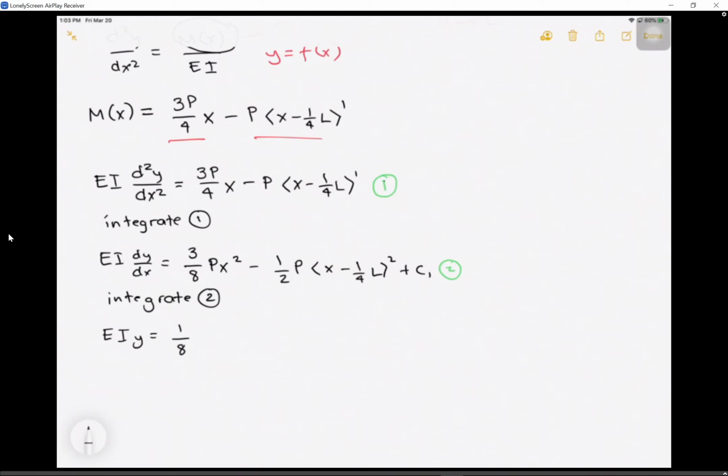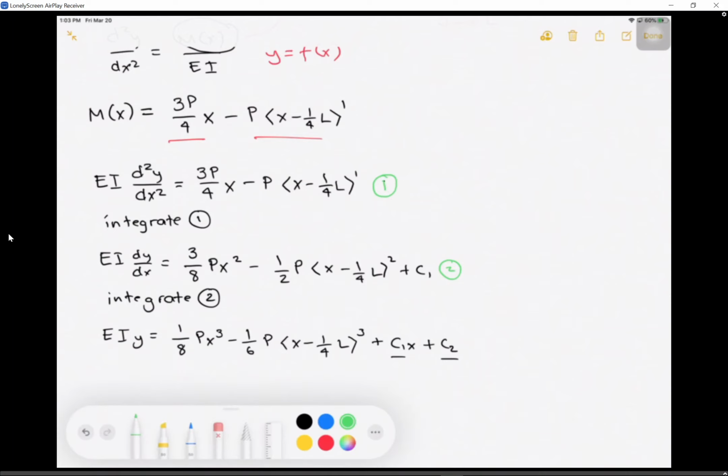It's 1/8 P x raised to 3 minus 1/6 P times the quantity x minus 1/4 L raised to 3, plus C1 x plus C2. So we have two constants of integration. We can call this number 3.